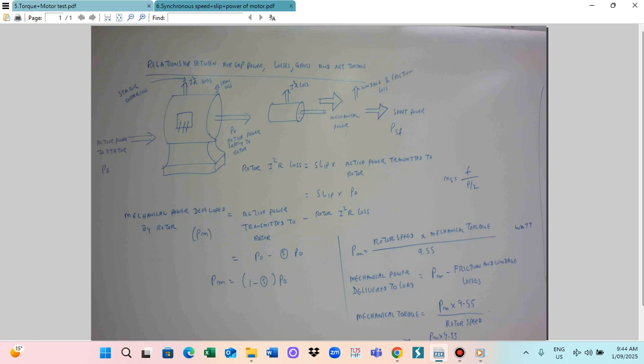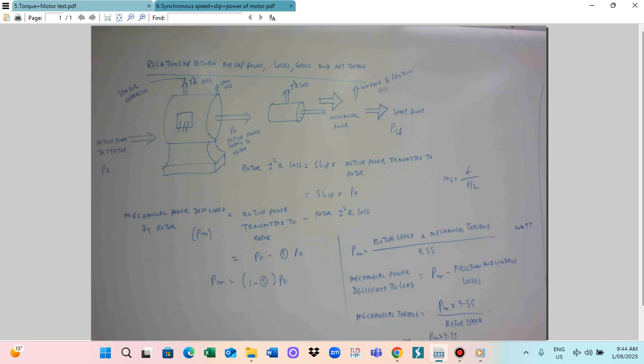PS is the active power to the stator. There will be a power loss here, the I square R loss. There is also another loss, the iron loss. Then the power output produced by the stator is the active power supplied to the rotor.